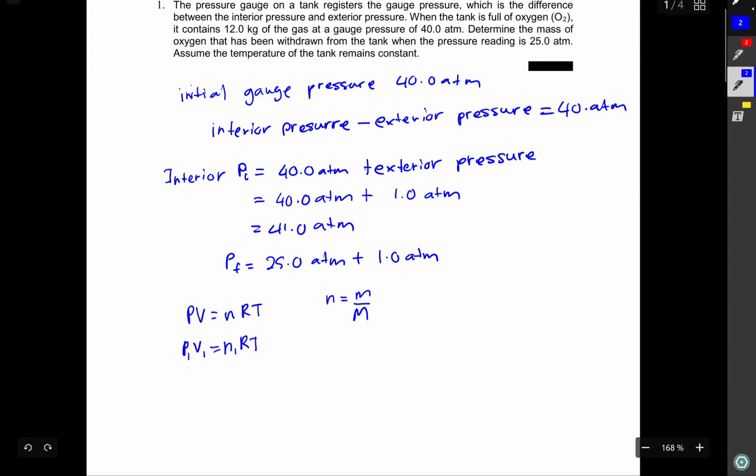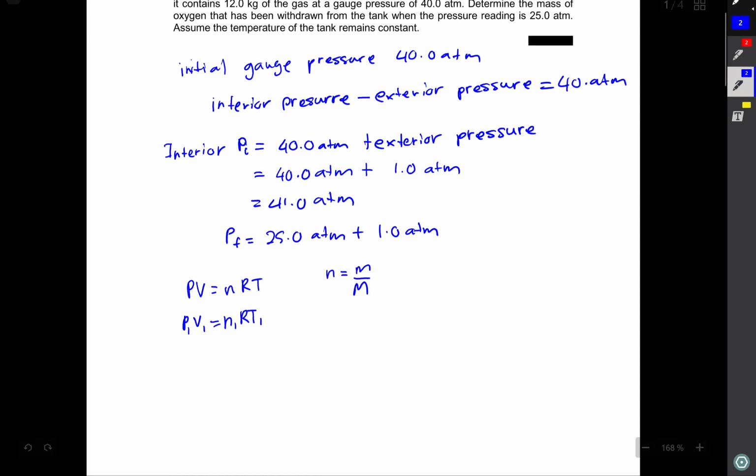T1, just to make it clear, we just put T1. Although it is constant, we just put it that way first. So we will have the counterpart for the final condition. Try to put everything that is similar on one side, and the non-similar on the other side.